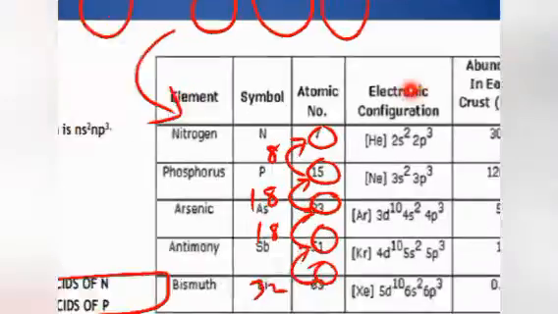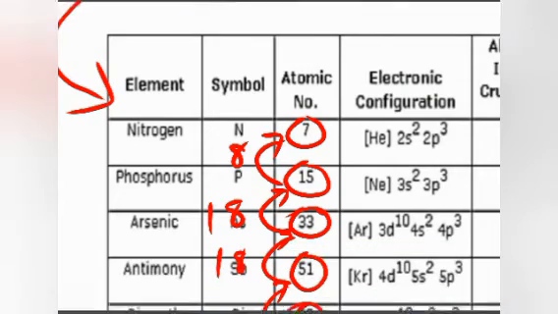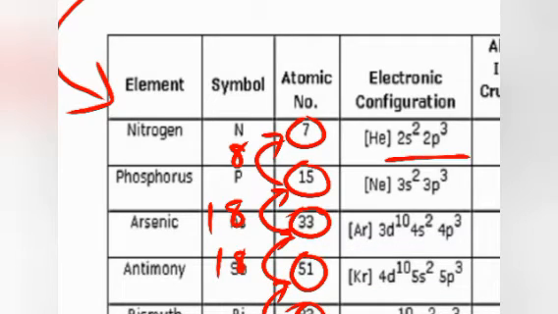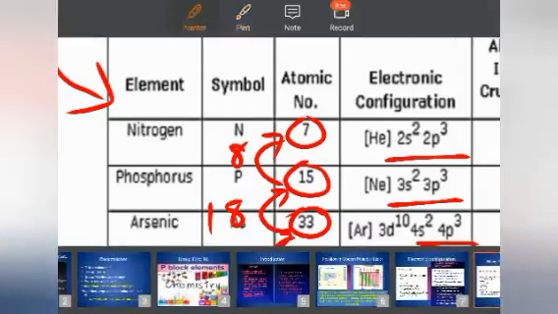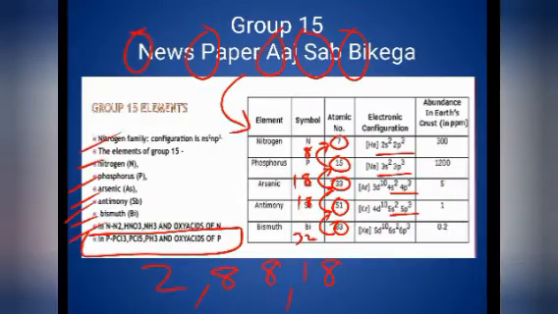The electronic configuration also has an interesting relationship. For nitrogen it is 2s2 2p3, then phosphorus 3s2 3p3, then 4s2 4p3, 5s2 5p3. So only the shell number is increasing, while the s and p numbers are the same. Okay, so this is all about the basic information of group 15.